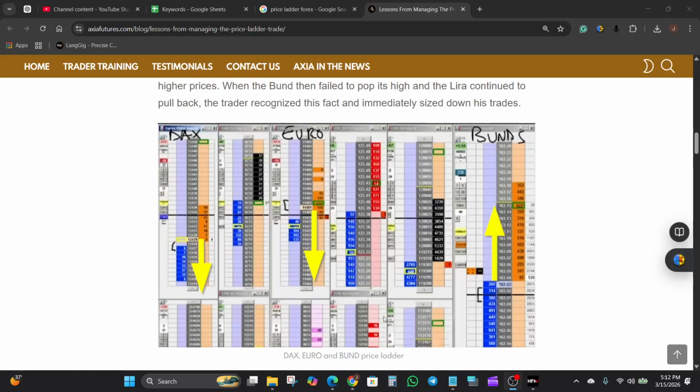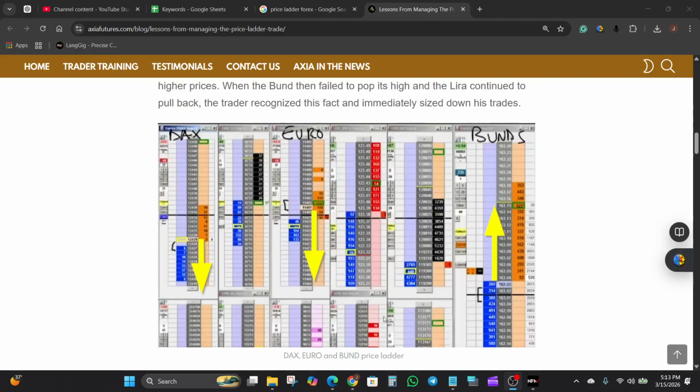So you can see this, for example. Like I said, this layout allows traders to observe how supply and demand may be shifting as the market moves.